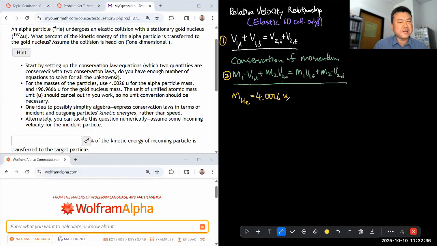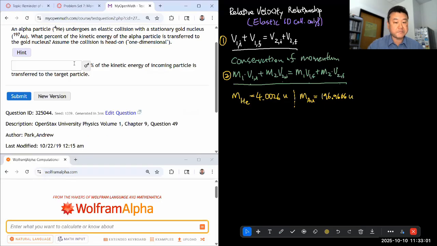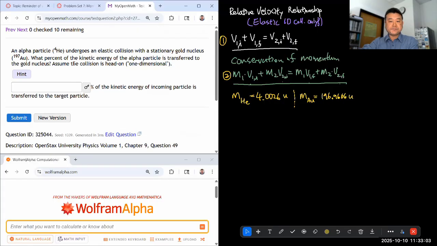I think this is in unified atomic mass units. It's some uniform reference number. That's, I think, all we care about. And the mass of the gold particle is 196.9666 u. I probably could have used their mass numbers 4 and 197, and it would have been close. But let's just be precise.